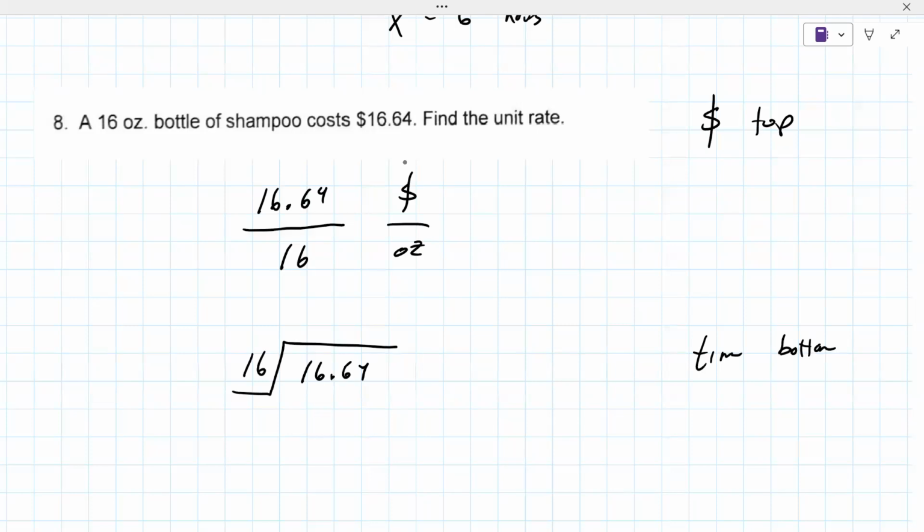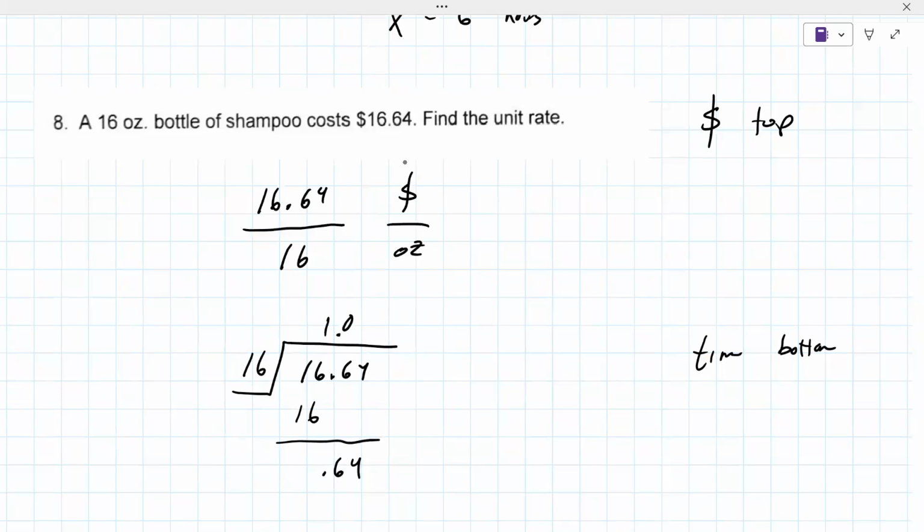100 times 16 is 1600, going to 64. So, 12, 18. 16 times 2 is 32. 6 plus 6 is 12.